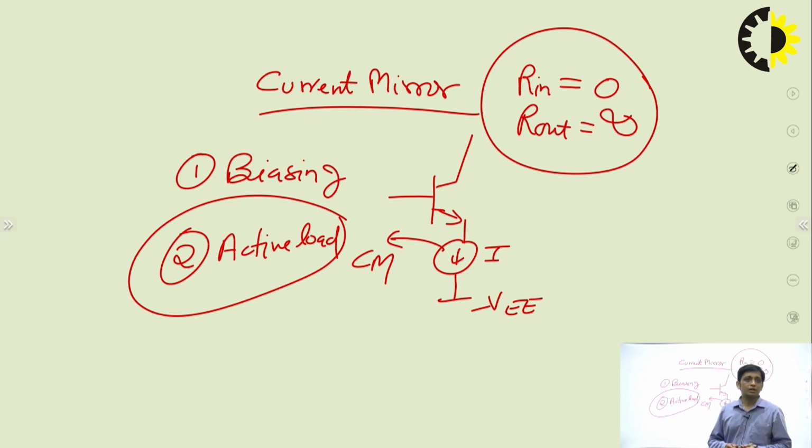Now, there are different types of current mirror like basic current mirror, then base current compensation current mirror, Wilson current mirror, cascode current mirror. So here in this class, I will be focusing only on two current mirrors: one is base current compensation current mirror and the other one is Widlar current source.